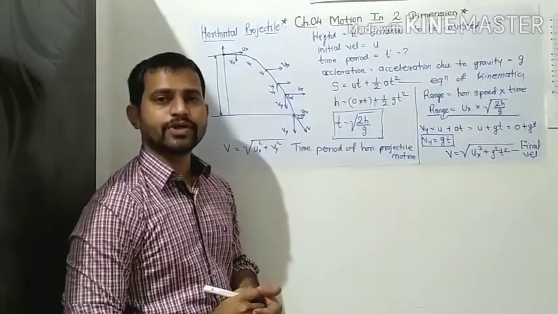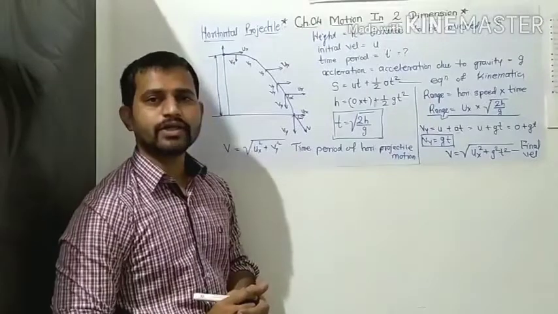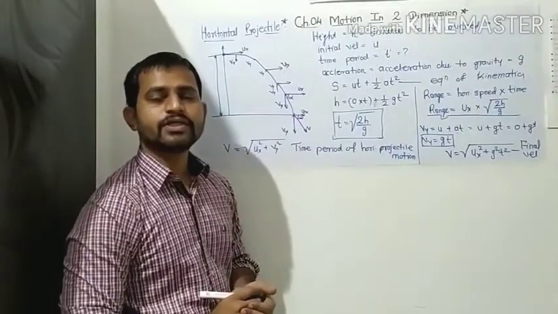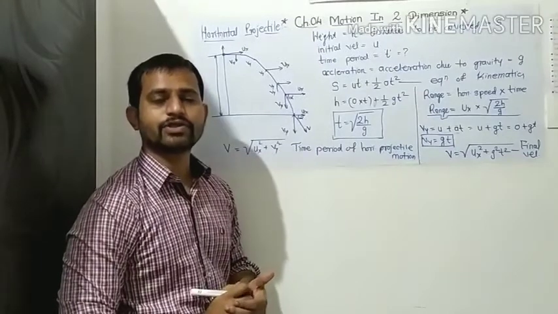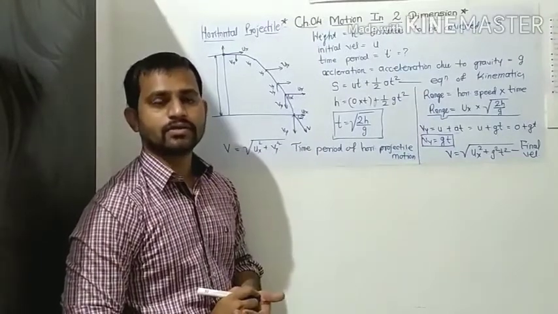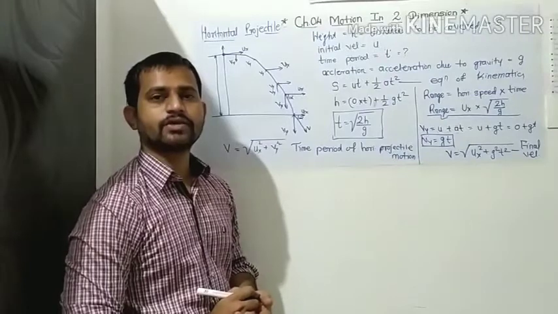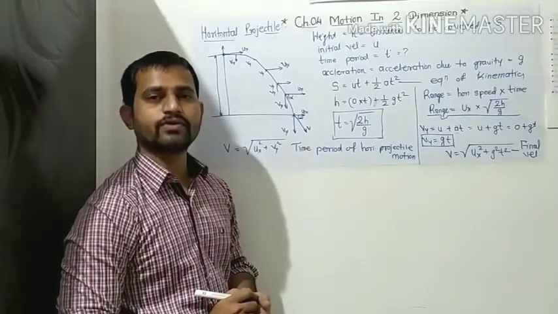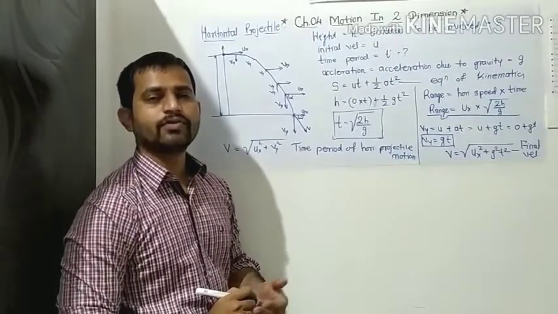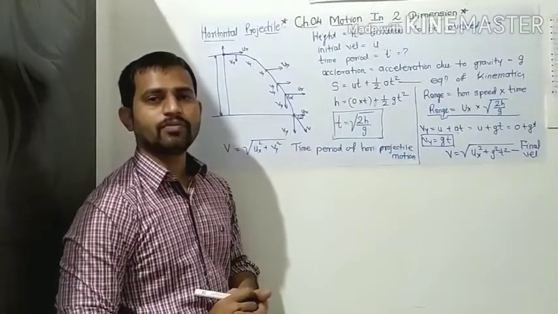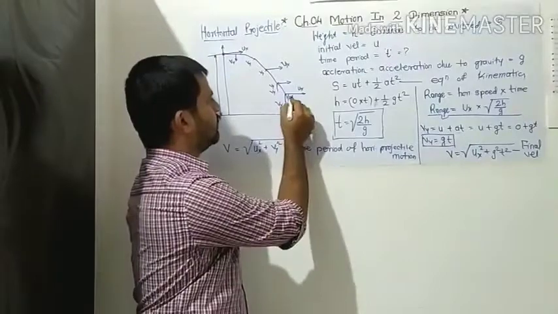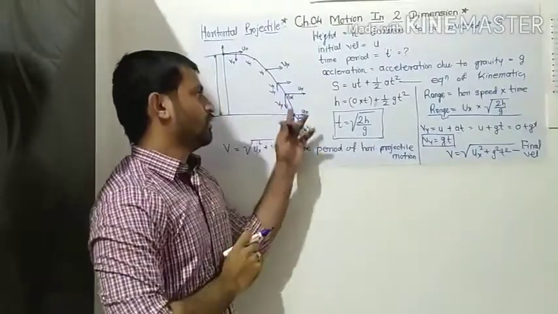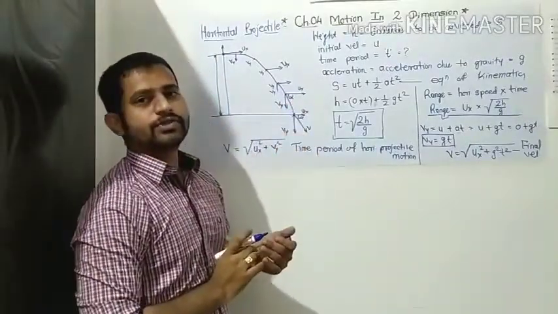And if we have to find the direction, what is the equation for the direction? It is the tan of the angle alpha made by the resultant with respect to the horizontal.